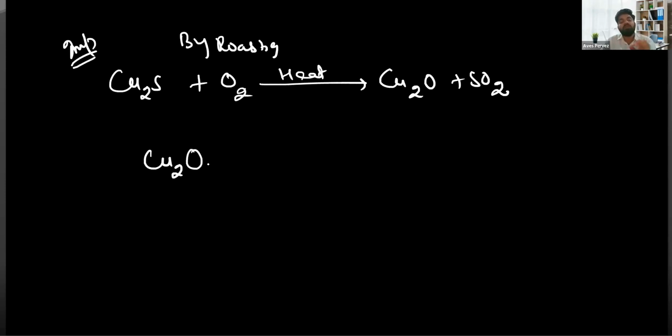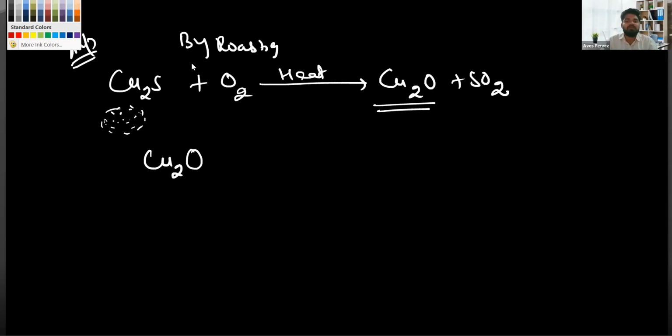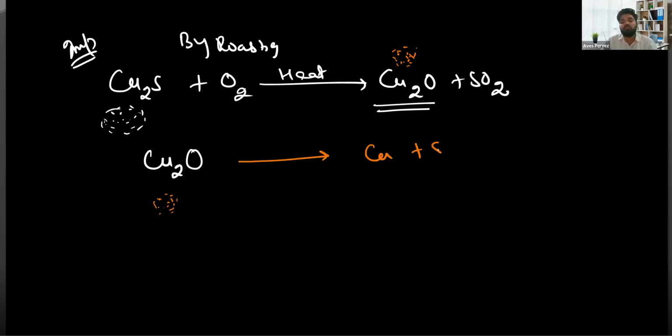But here, one thing you need to note: the crushed ore itself behaves as a reducing agent. Some particles, for example, are Cu2S, and some are Cu2O. The Cu2O alone cannot give you Cu; if you heat it, it will not give you Cu plus SO2.